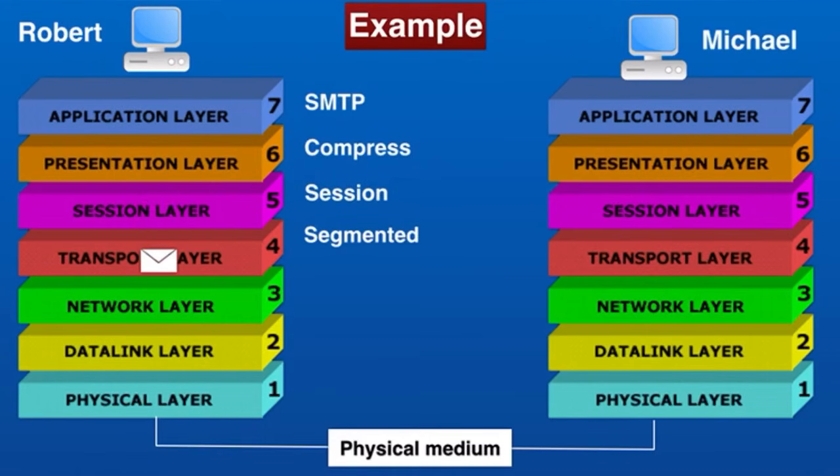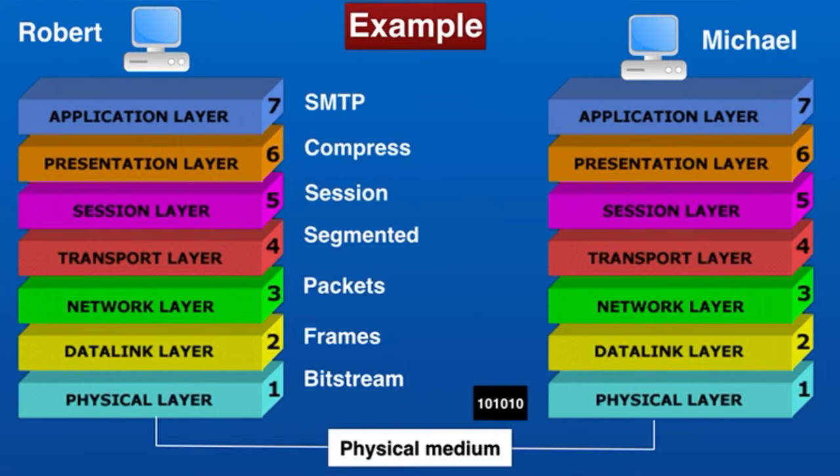Then those segments are broken down into packets at network layer, which are broken down even further into frames at data link layer. Data link layer then delivers those frames to physical layer, which converts data into a bit stream of zeros and ones and sends it through physical media such as cable.